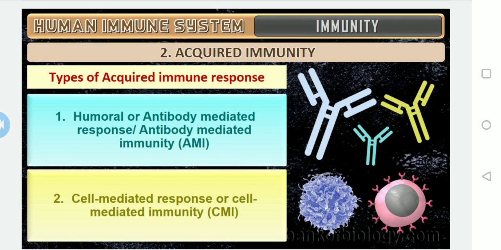How does it function? The antibodies are carried by body fluids like blood and lymph, and react in various ways to destroy specific antigens. They act indirectly against the antigens by producing antibodies.